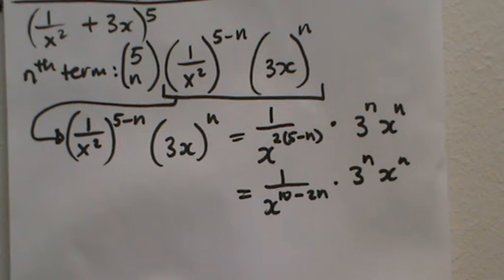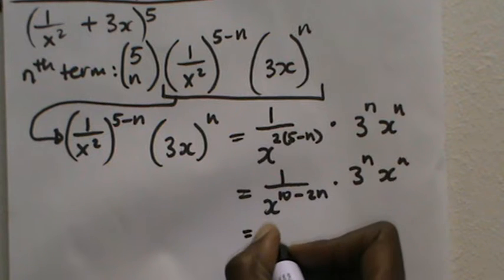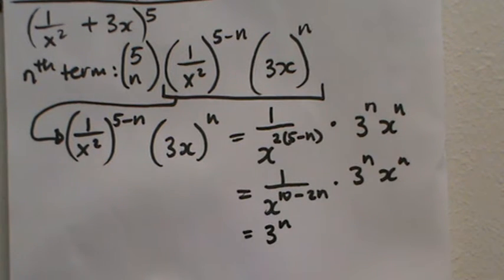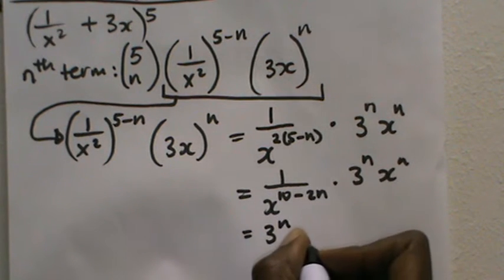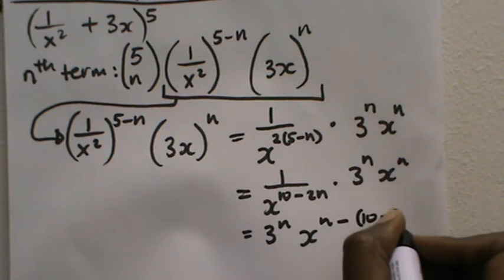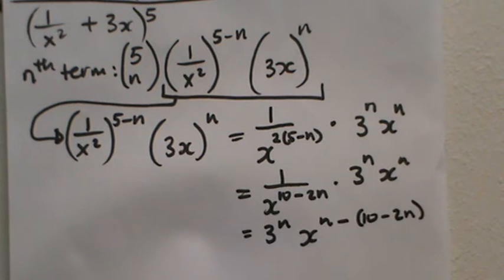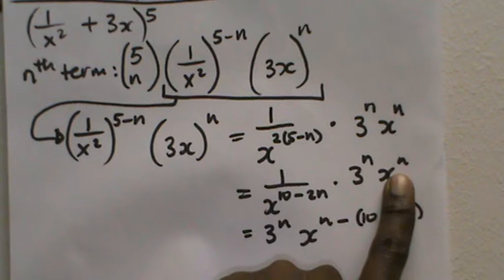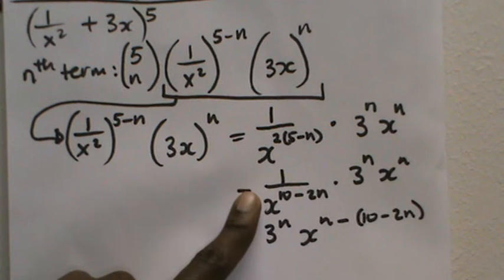Okay, so I will combine these two. So I'll have 3 to the power of n, x to the power of n minus (10 minus 2n). Okay, so I brought everything to the numerator and combined the exponents of x. Here, this x is in the numerator, this one is in the denominator.